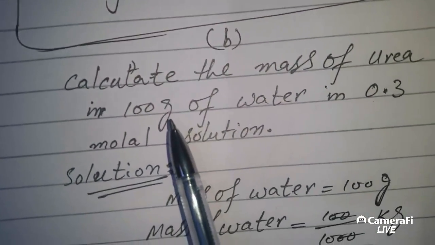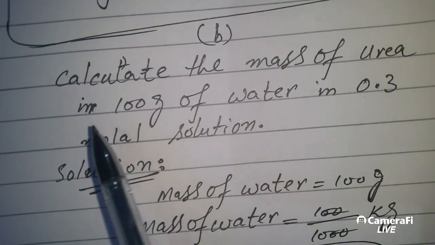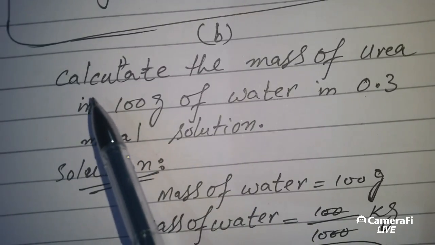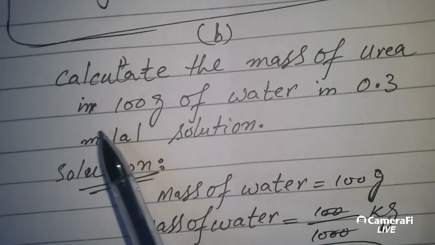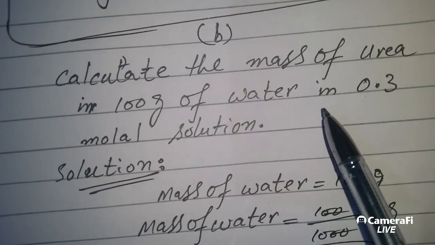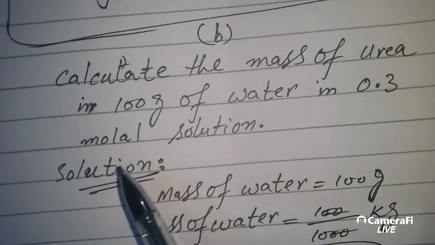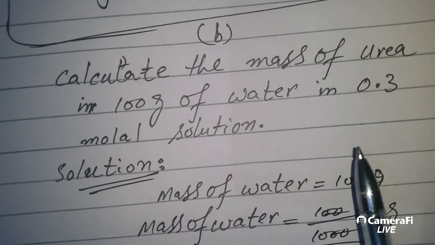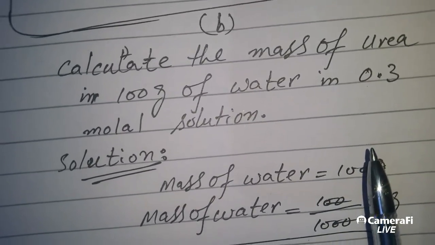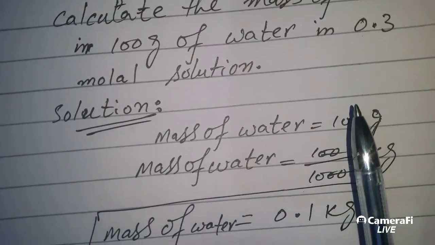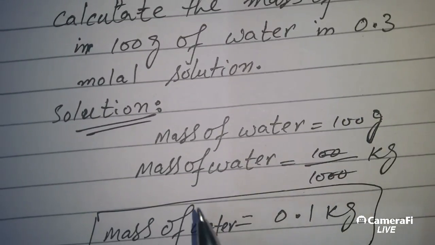Let's move further. Now we have its B part, which is: calculate the mass of urea in 100 grams of water in 0.3 molar solution. Here we will use the formula for molality, but first we will find what is required in molality.